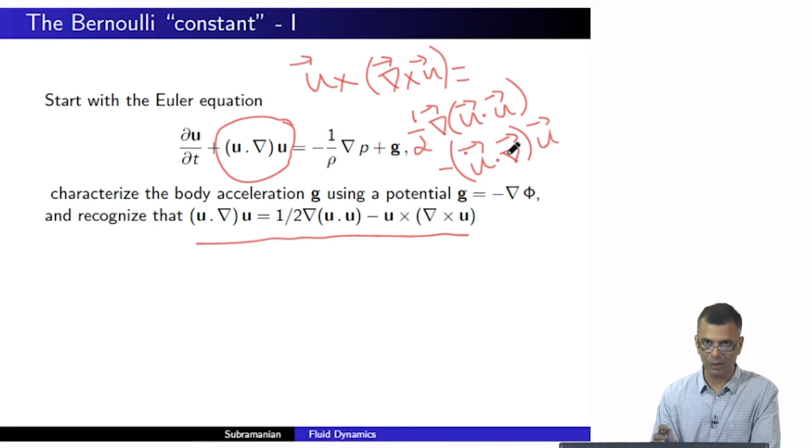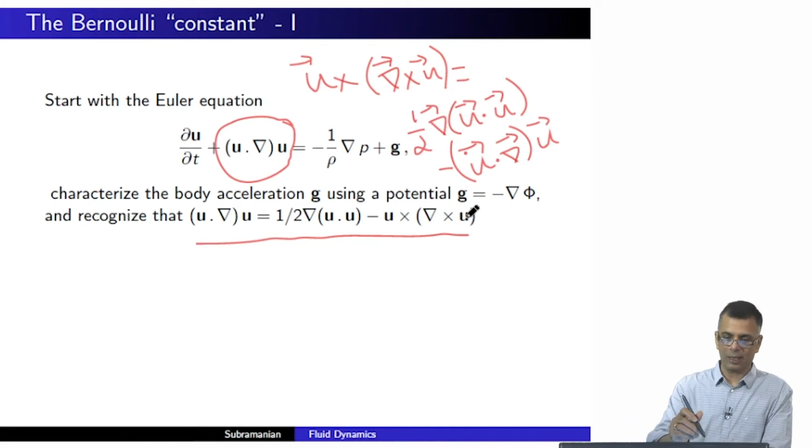U dot del is the directional derivative, ux d over dx plus uy d over dy and so on and so forth. So you just rearrange this, and it's simply a way of reformulating this one, and there's a reason. One of the reasons I can already point out is you see this u dot u, it's like u squared. So half u squared is like the kinetic energy per unit mass, and this we can get rid of. So bear with me for a minute and let's go ahead.